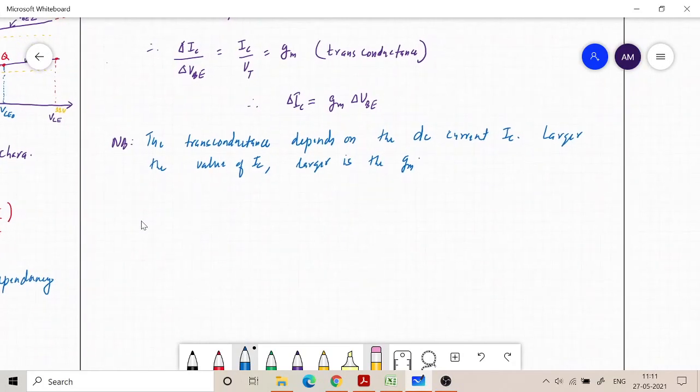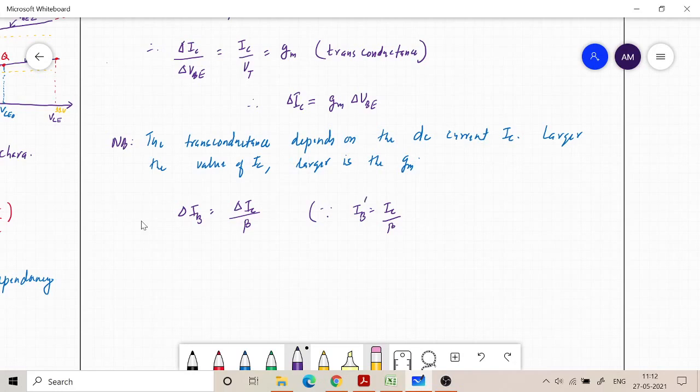Now we can also talk about delta IB. So delta IB is what? Delta IC divided by beta. That's a relationship, because we know that IB is equal to IC by beta.